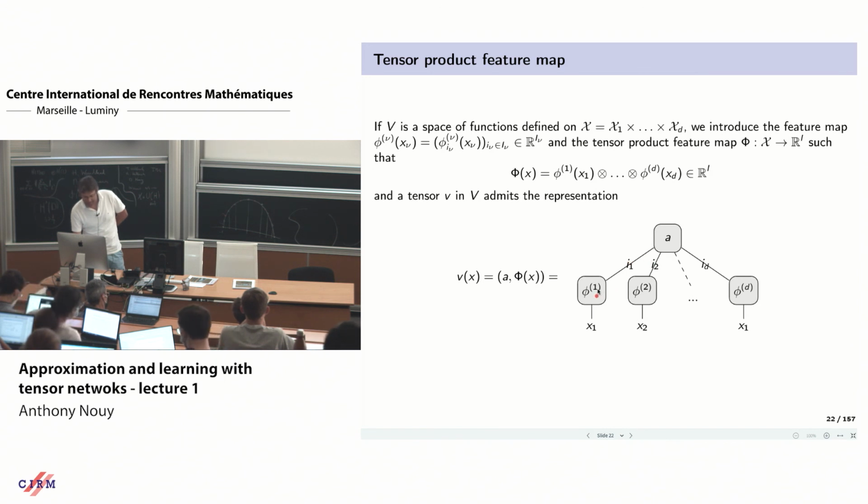And you have these components of the feature map, φ^1, φ^2, that have one line emanating from it, which is a particular variable x_1, and the other is associated with the dimension of the output space of your feature map. Okay? And these edges represent contractions, which is no more than the representation of the inner product you see here.